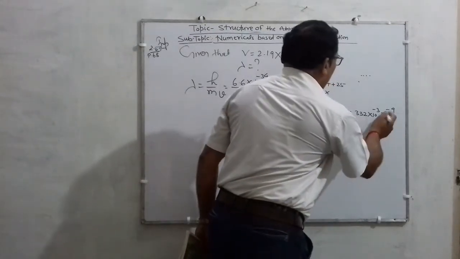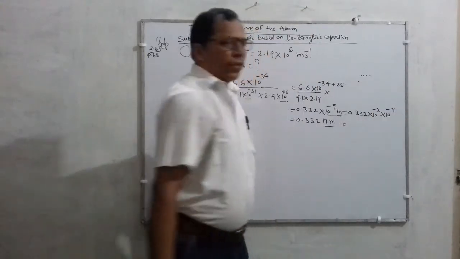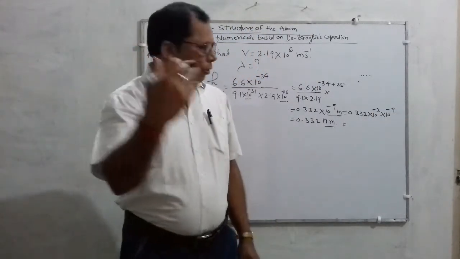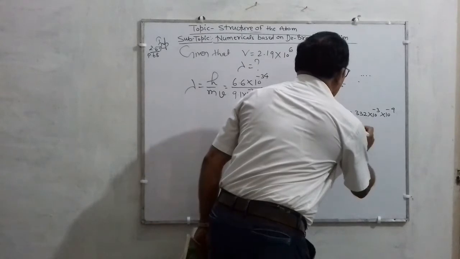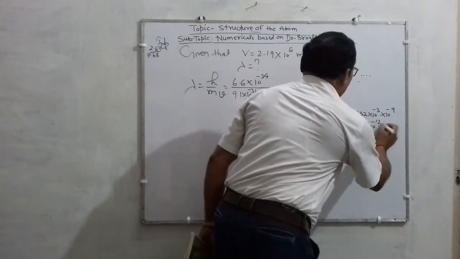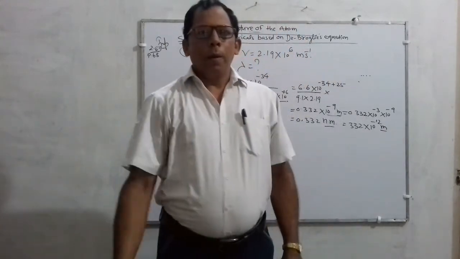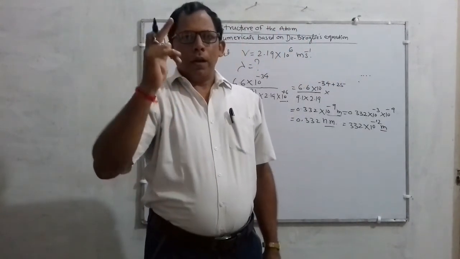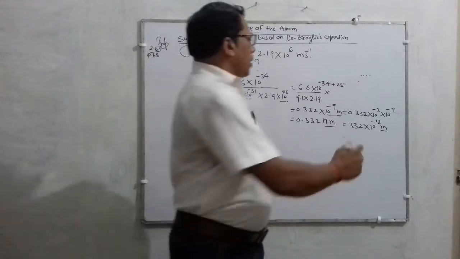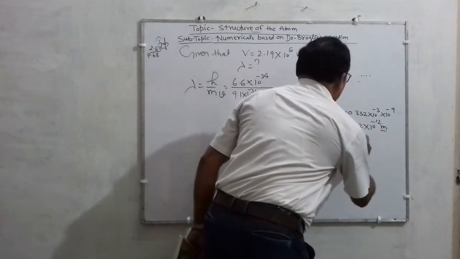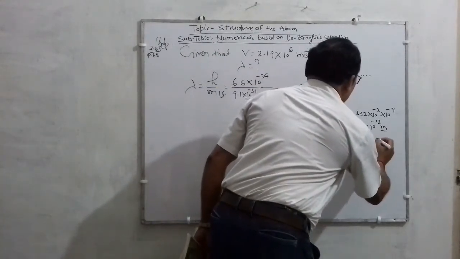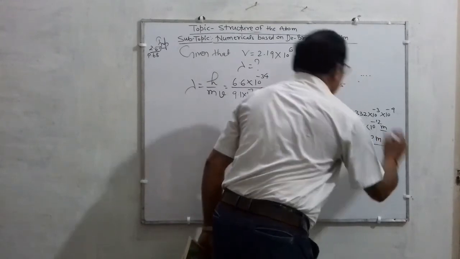So it becomes minus 9 and minus 3, minus 12. And you know 332 into 10 to the power minus 12 meter is equal to picometer, because 1 picometer is 10 to the power minus 12 meter. So this will be in picometer.